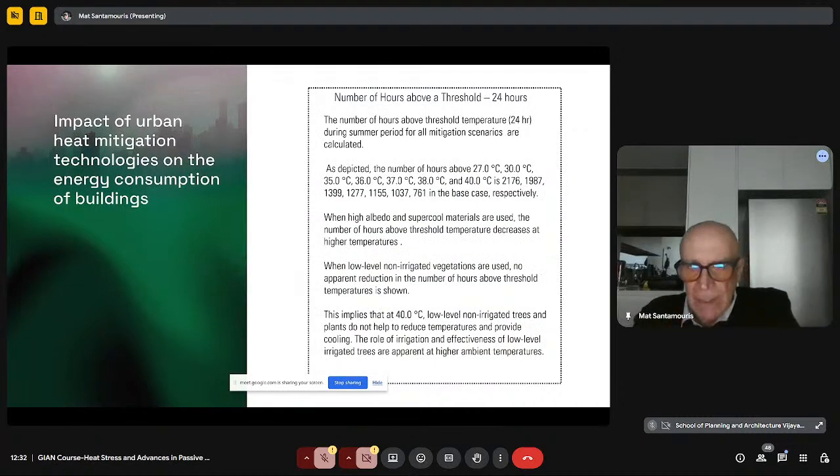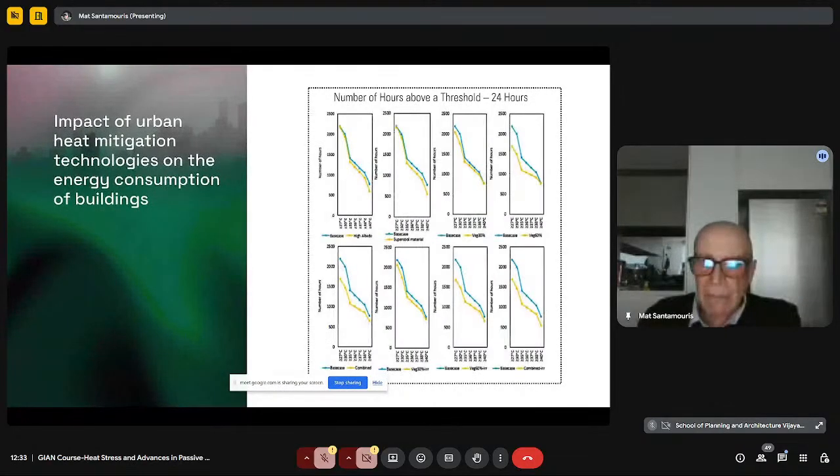So, what we have simulated, first of all, is the number of hours above a threshold. And we use several thresholds: 27, 30, 35, 36, 37, 38, 40, etc. We wanted to understand how many hours we have above a certain temperature, at the city scale, for the different materials and for the different mitigation technologies.